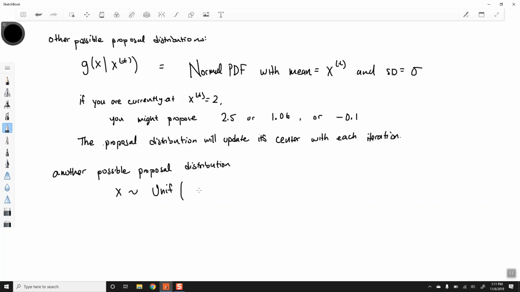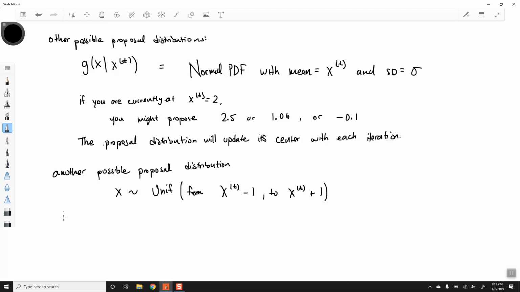So what should our uniform distribution be? Uniform from x at time t minus 1 to x at time t plus 1. Then if you're currently at 2, you'll propose any value between 1 and 3 with equal probability.